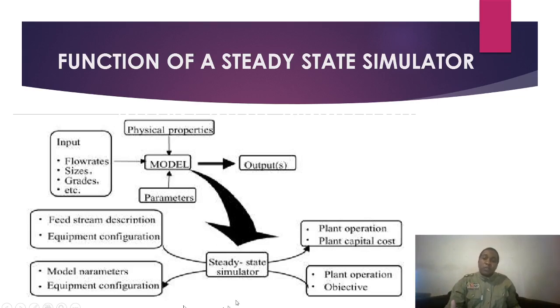All this information is fed inside a simulator, and this steady state simulator is composed of different equipment models. From this simulator, we can have estimation of plant operating cost, plant capital cost, and even changes in model parameters or equipment configurations.